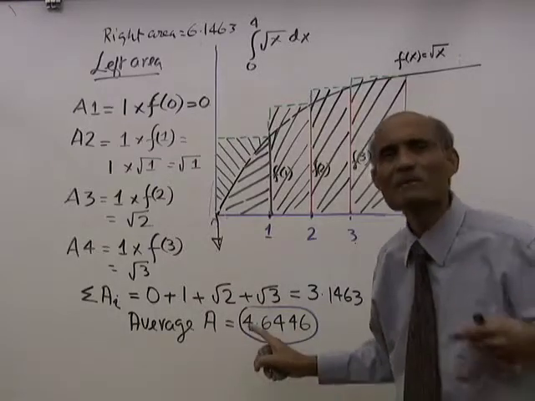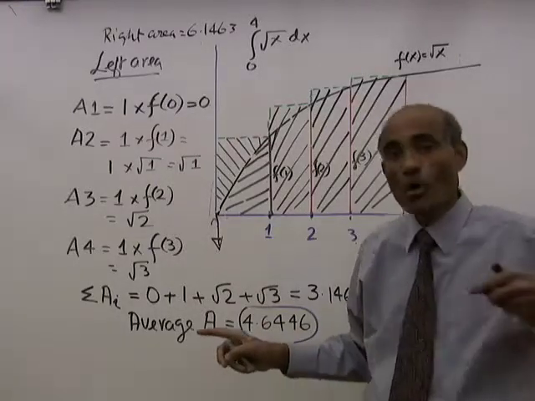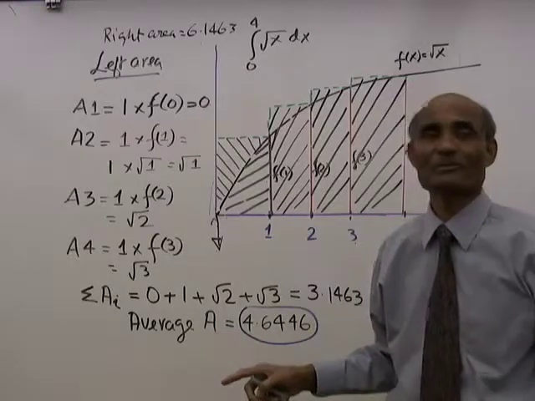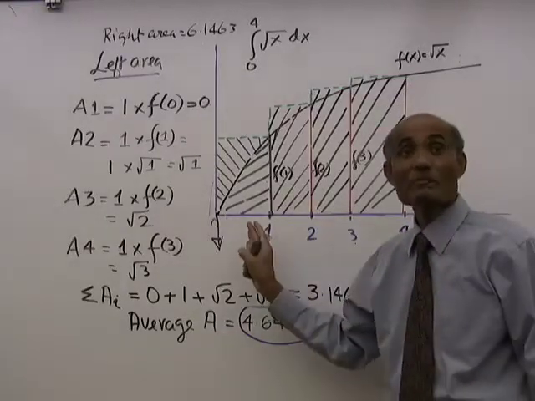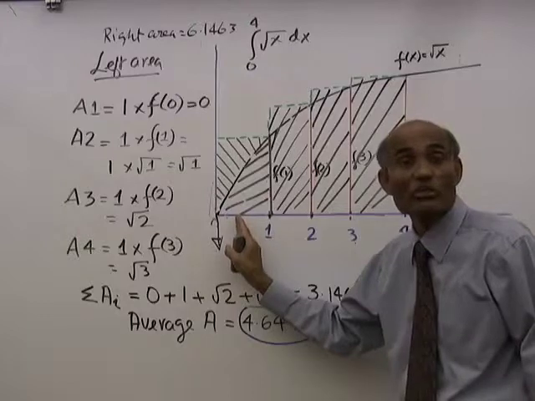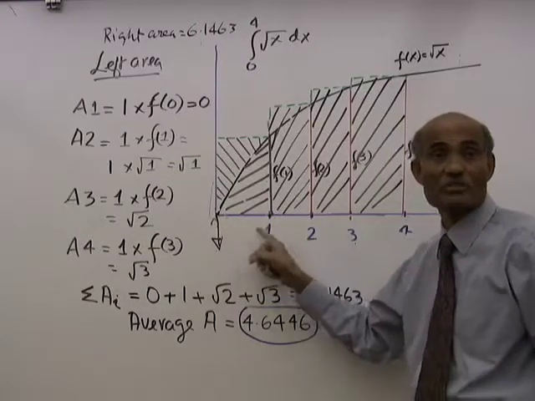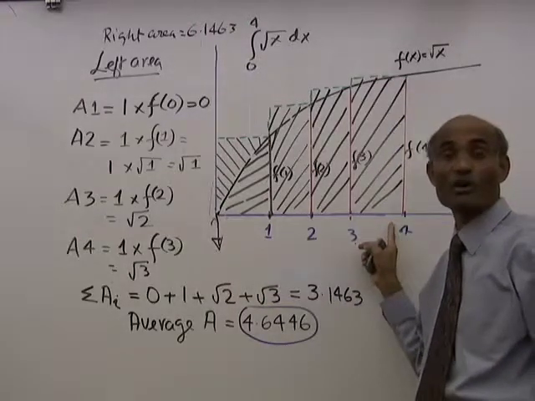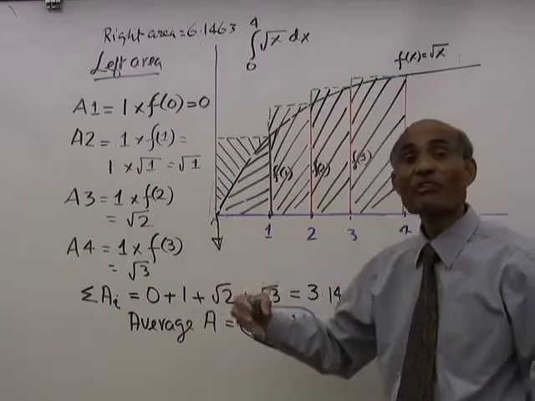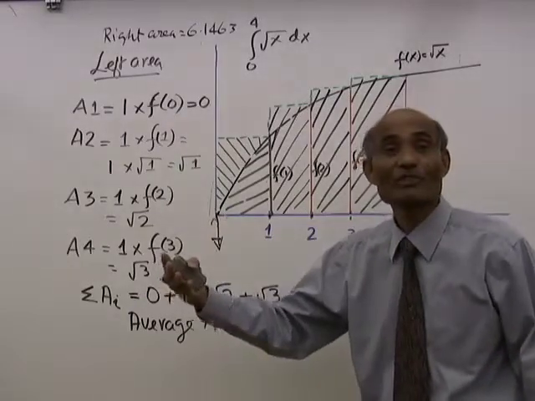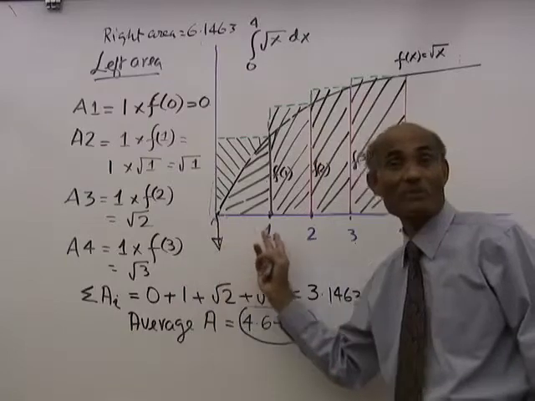How would you make it better, more towards the accurate value? Well, it can be made better by increasing the number of rectangles. Instead of dividing into 4 rectangles, suppose you divide it into 10 rectangles. Then the error can be minimized.